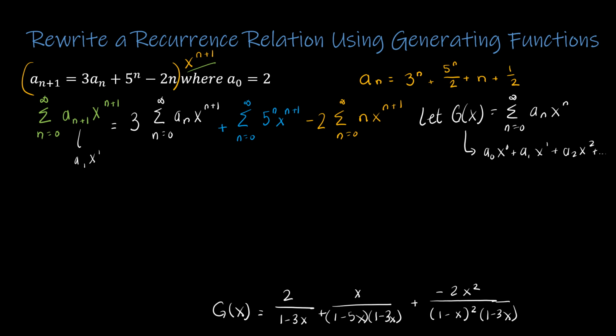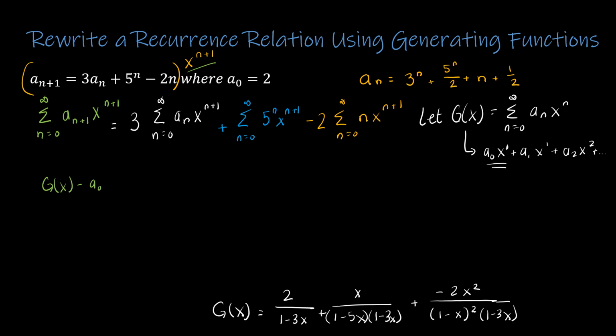So my first one is going to be a sub 1 x to the first. So again, we're missing this value. So what I can do is say, if I took g of x and subtracted a sub 0, it would in fact be the function that I have. So this value is going to become g of x minus a sub 0.